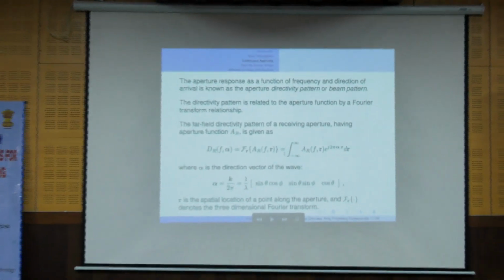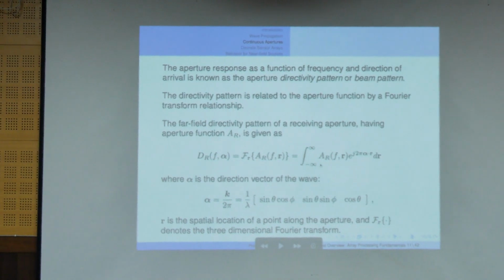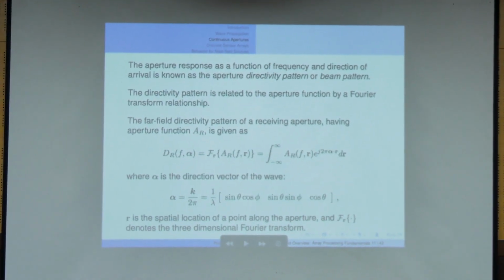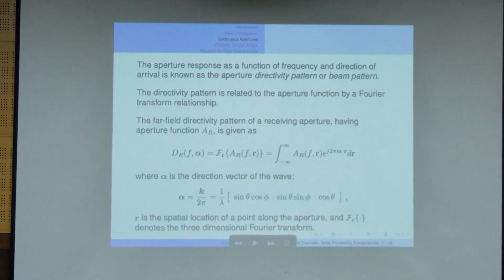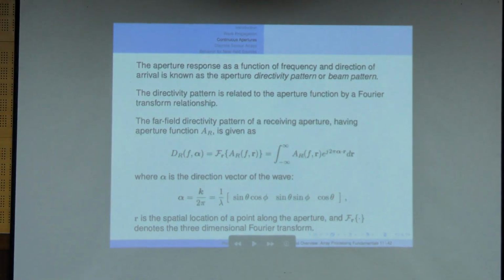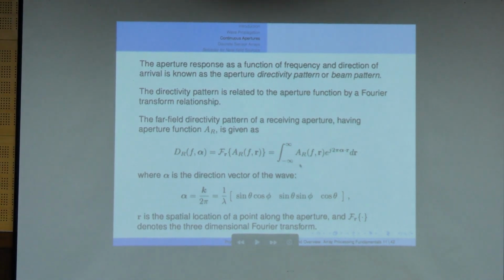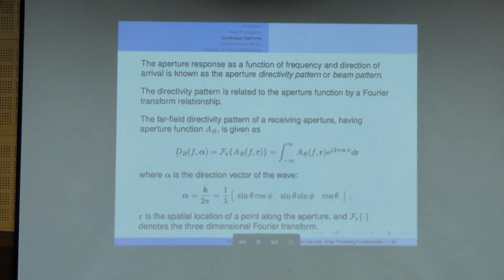So you see that this is a simple three-dimensional Fourier transform of the aperture function. So the three-dimensional Fourier transform of the aperture function is the electrical signal that is obtained or can be measured in response to a plane acoustic wave or any plane wave.